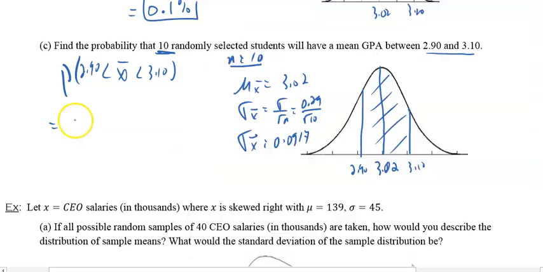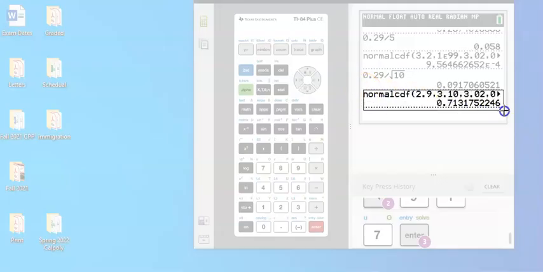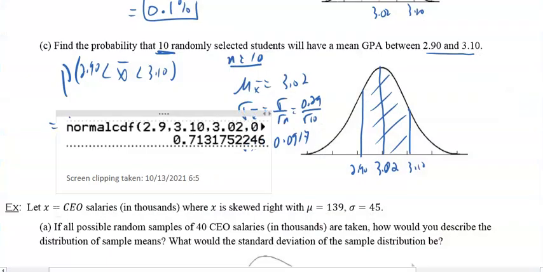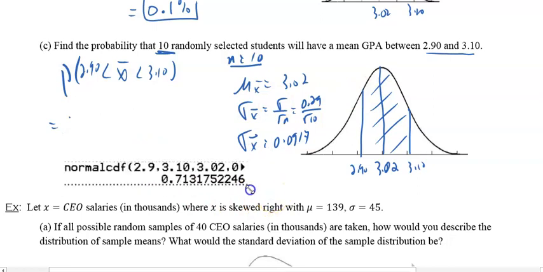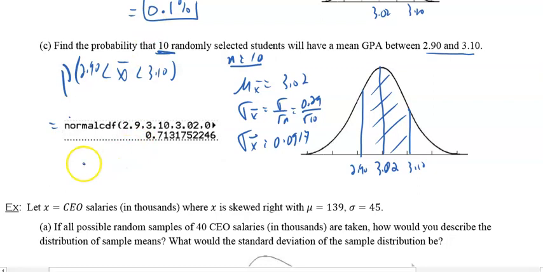And there it is. It's always easier to be in an interval than to hit a specific number. So there's a 71.32% chance of their average mean being between those values. So the answer is 71.32% chance of this event happening.